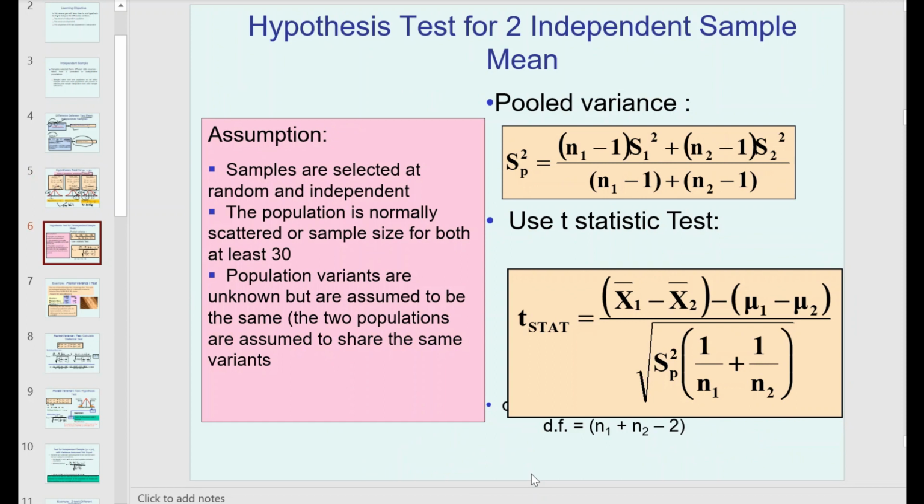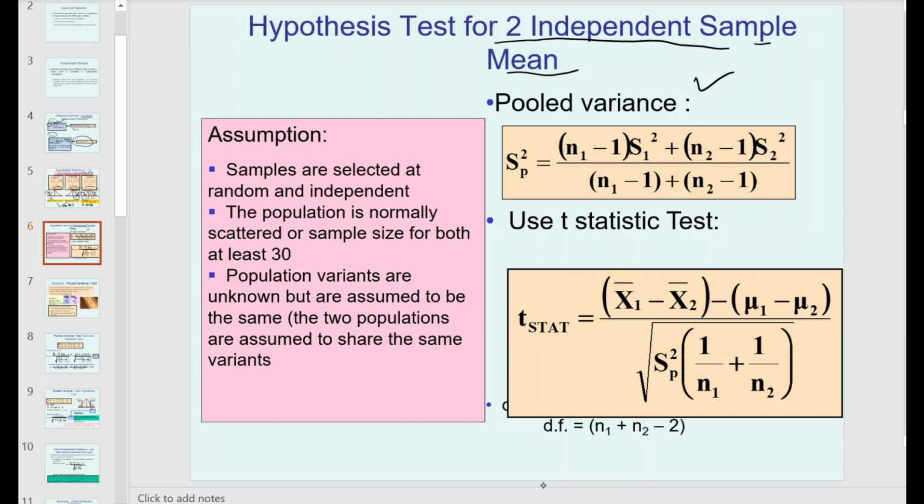Okay, so for this hypothesis test, we are still talking about the same category here: hypothesis test for two independent sample means. Just now I mentioned that we have this pooled variance and we have the T statistic test. So it depends on your assumption of your sigma, right?